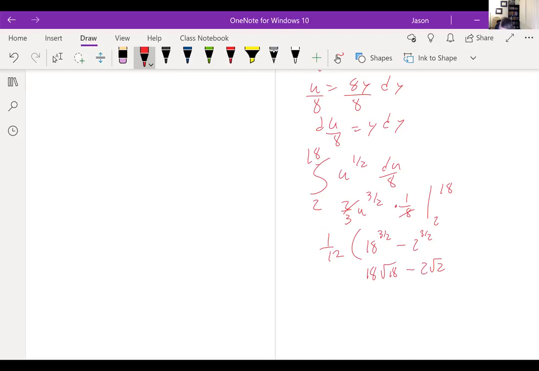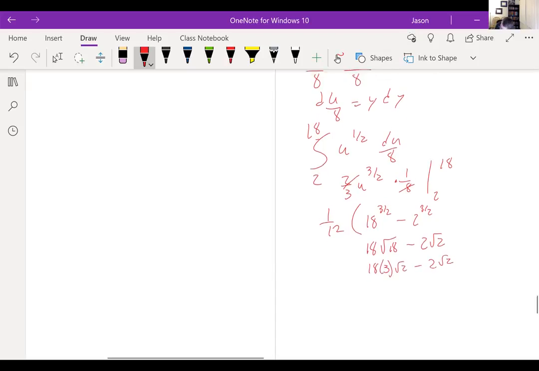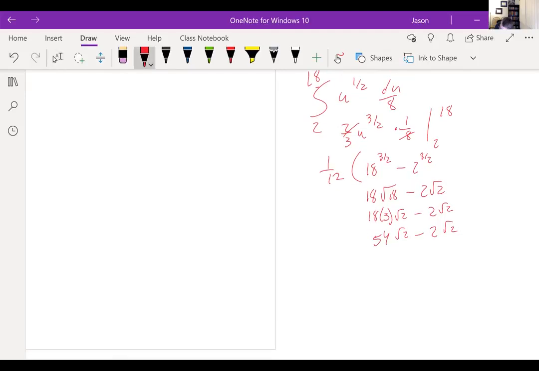So this is 18 times 3 radical 2 minus 2 radical 2. That's 54 radical 2 minus 2 radical 2, which is 52 radical 2 over 12.